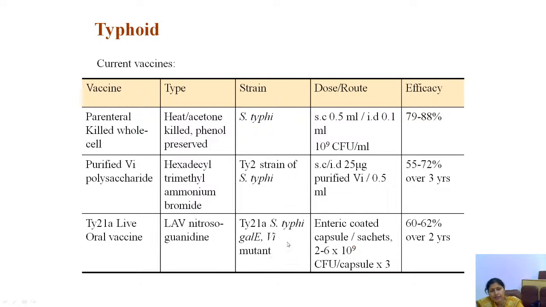Once you take this vaccine, because of this deletion, this attenuated strain multiplies for 4 to 5 generations, and after that automatic death happens inside the body, so it cannot produce any disease. Okay, however, the efficacy of all types of typhoid vaccine varies from 2 to 3 years, around 60 to 70%.